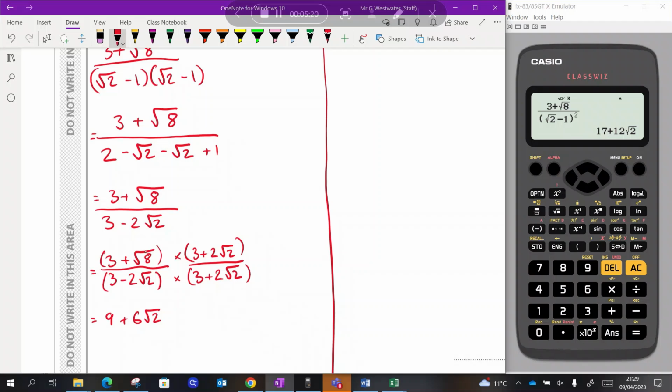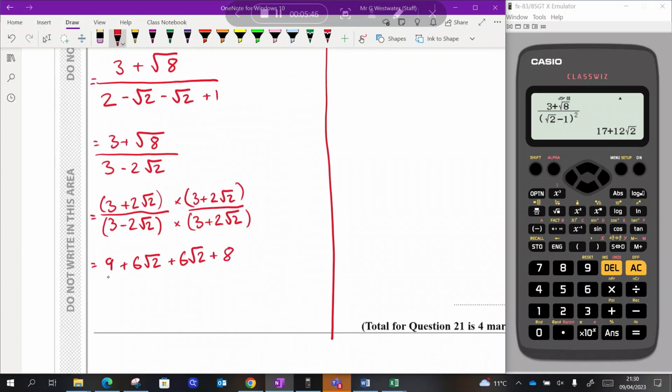I'm going to think about this root 8 as 2 root 2, just so it makes life a bit easier when I multiply this. So I've got 2 root 2 times 3 over here, plus 6 root 2 again. And 2 root 2 times 2 root 2, well, 2 times 2 is 4, root 2 times root 2 is 2, so this is going to be 4 times 2 for 8.